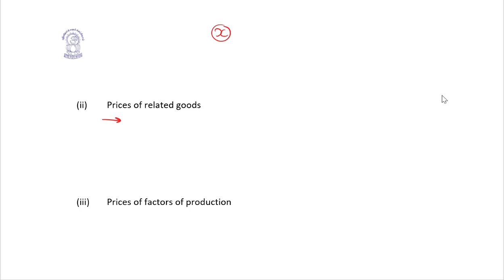Supposing there are two goods, good X and good Y. We are talking about good X. Supposing the price of good Y increases in the market. So, the seller will be more inclined to supply good Y. Why? Because this has become more profitable and he will supply less of X. The supply of X will fall.